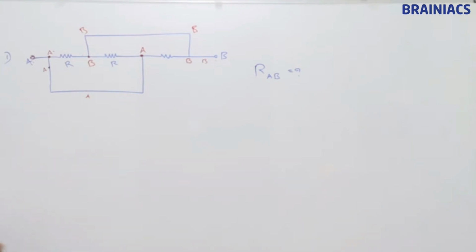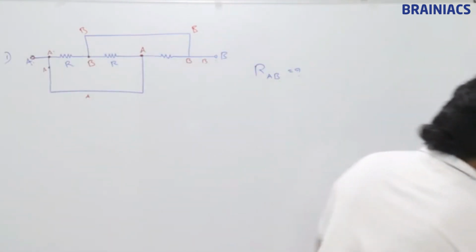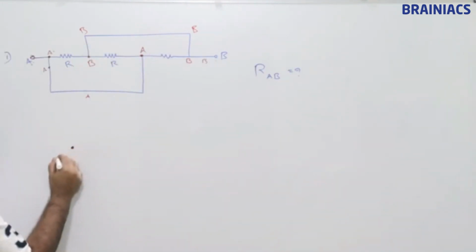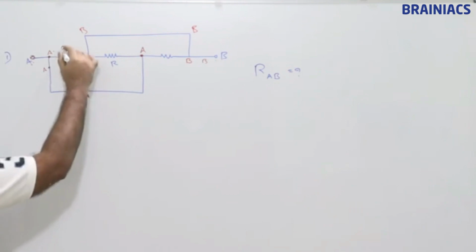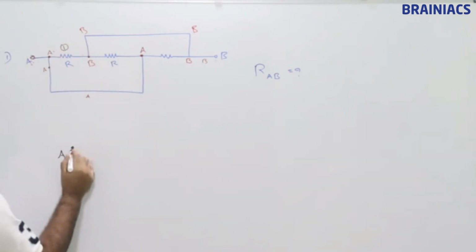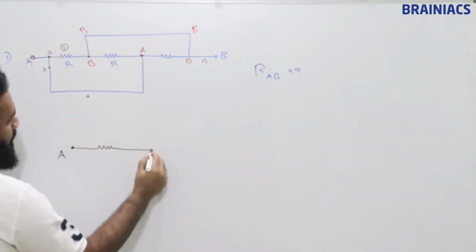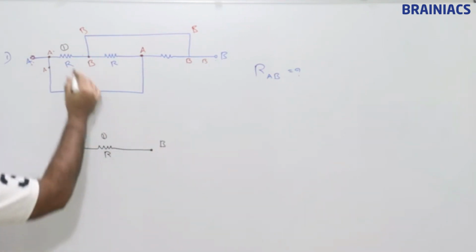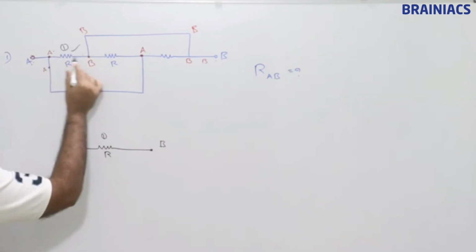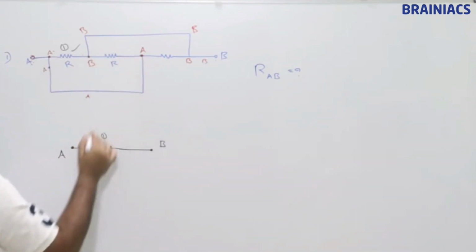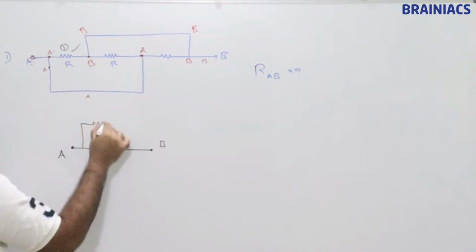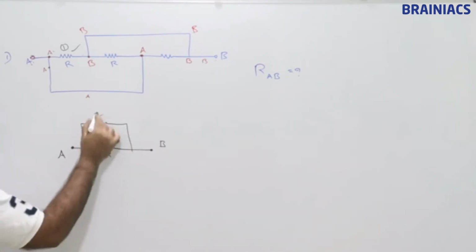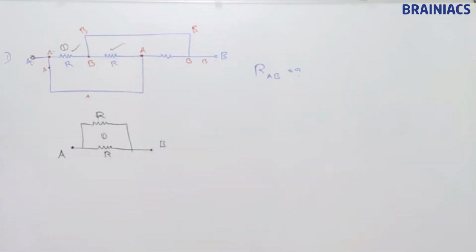Now what do we do? Mark node A. The first resistance is between A and B. This is also B. First one is done, R. Now this is B, this is A. The second resistance is between A and B, this is R. This is also done.